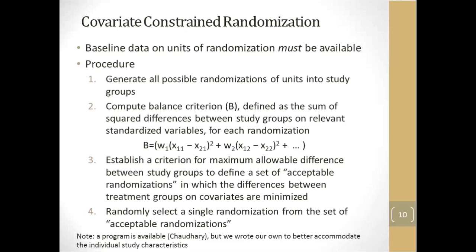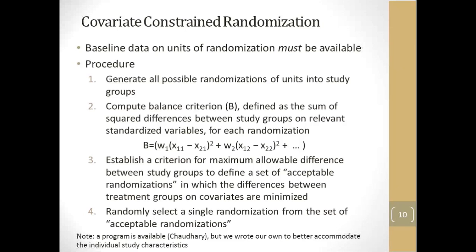The third step is to establish a criterion for the maximum allowable difference between the study groups and define a set of acceptable randomizations. In the literature, the few that have been done, most have used approximately the best 10%, and that's what we did.